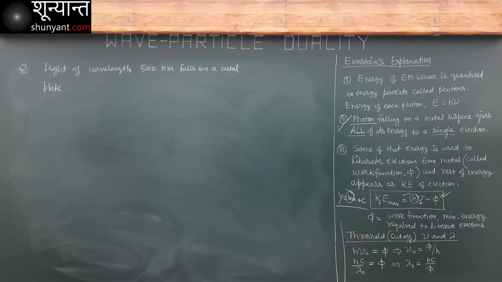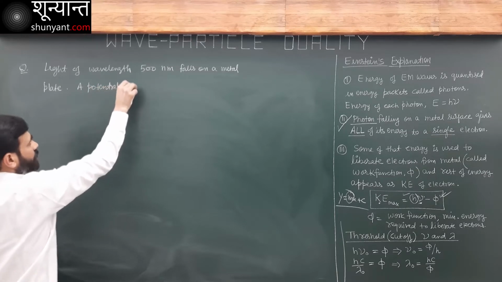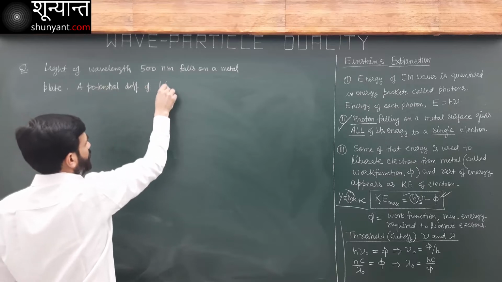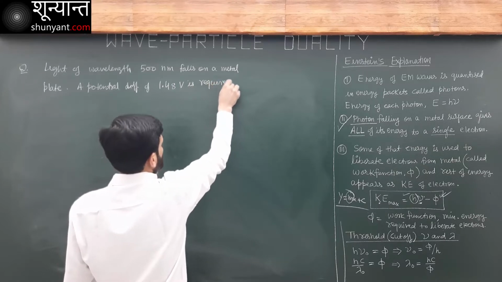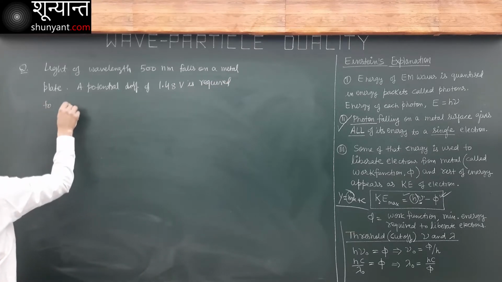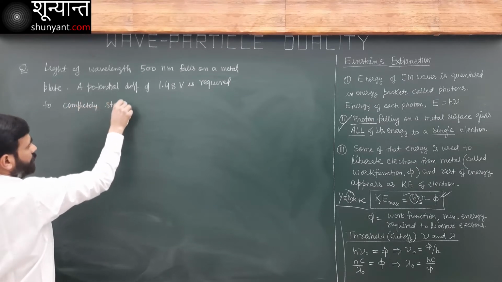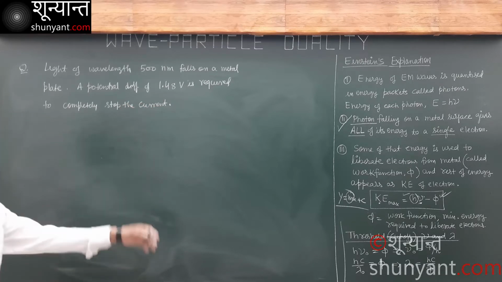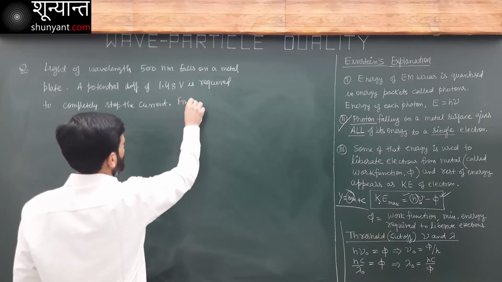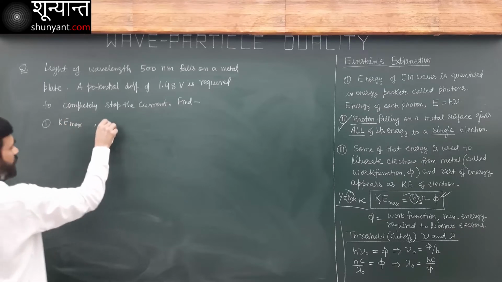A potential difference of 1.48 volt is required to completely stop the current, that means photocurrent. Find first, kinetic energy maximum and work function.